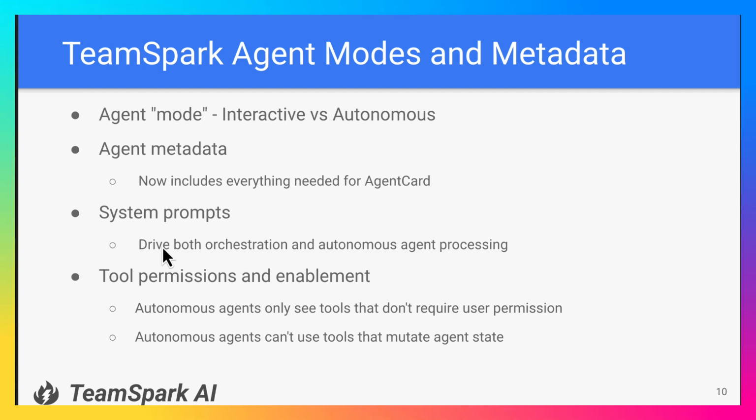So we had to write some tooling around that. And then we had to write some prompting around autonomous agents. If you are an autonomous agent, we also had to write some prompting to make sure that the agent understands that it essentially needs to complete this task without interacting with the user: no partial responses, no clarification, no tool permission usage, that sort of thing.